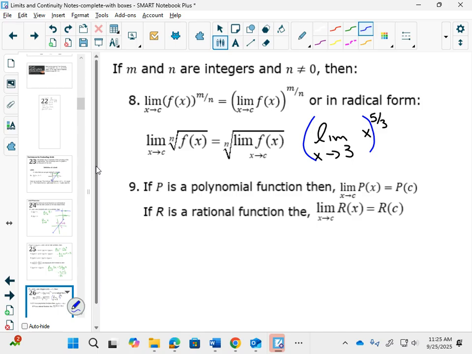Well, that's going to be 3, and then I would have the 5/3 left. Which means if you can find the limit of the inside, then the exponent part can just get added on at the end.